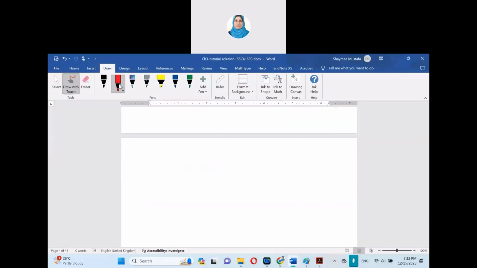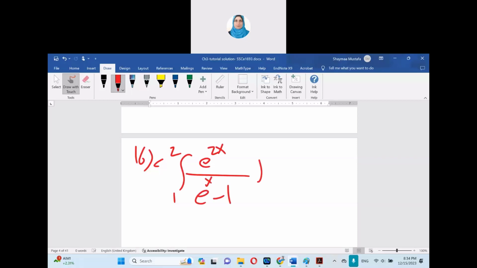Question 16, e to x over e to x minus 1 dx.